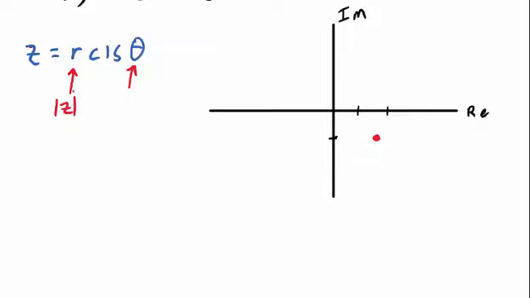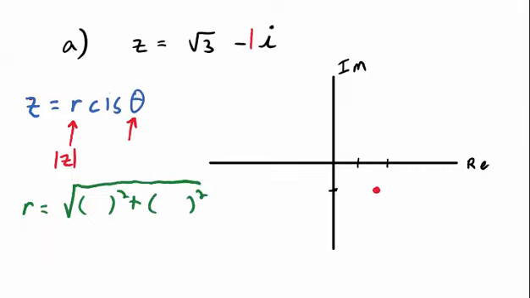I need r. So r is equal to the square root of something squared plus something else squared. What would those somethings be? So root 3, remember a squared plus b squared, a is root 3.